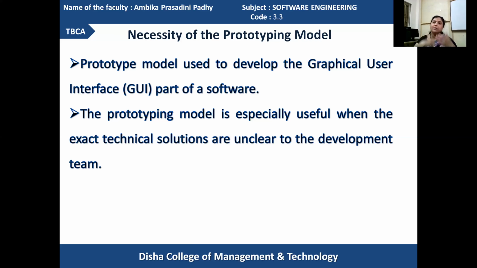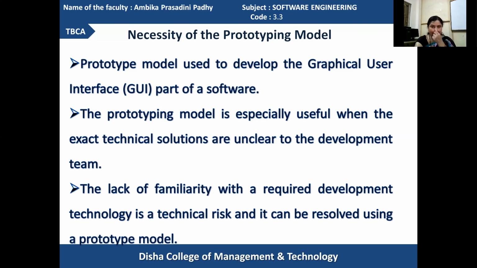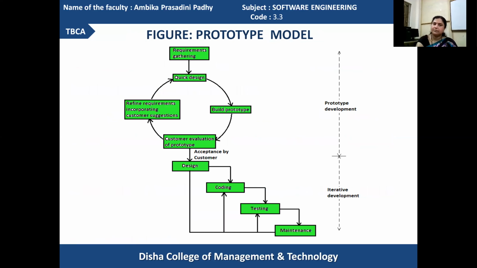In this manner, by experimenting, we can reach the real solution. See, the exact solution is not known to us, then we can experiment on it and reach an exact solution. Got it? The lack of familiarity with a required development technology can be specified as a technical risk, and that type of technical risk can be resolved using the prototype model.